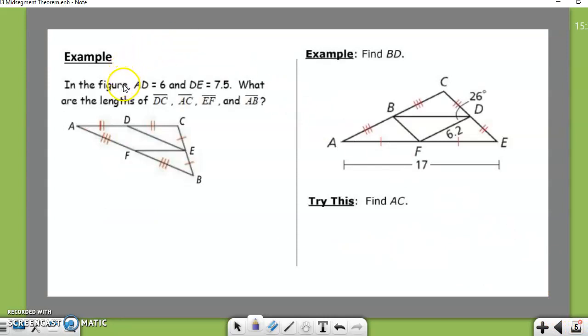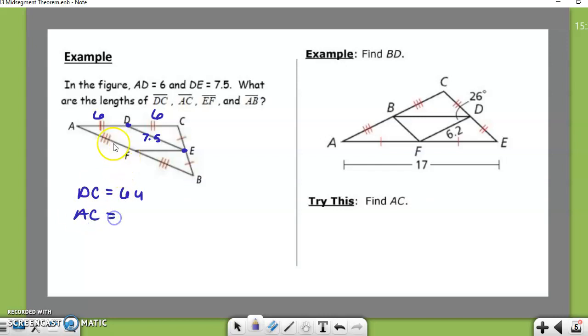Okay, now let's look through this example. I've got AD given to me as 6. Well, that means DC is 6 because they're congruent. And it says DE, which is a midpoint and a midpoint, is 7.5. What are the lengths of DC? We've already decided it was 6 units because it matched AD.